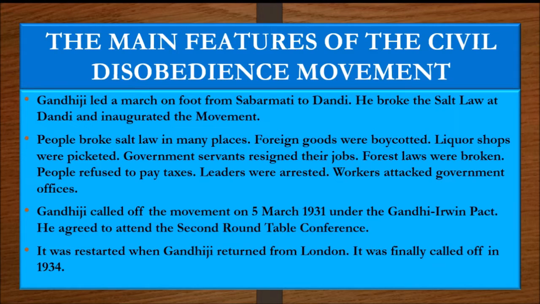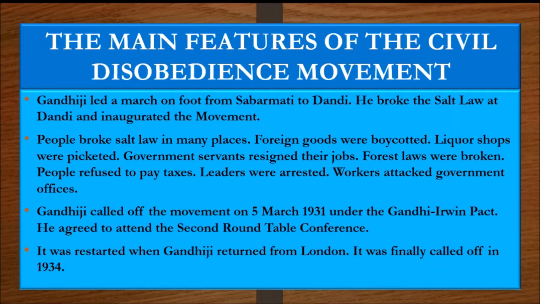Foreign clothes were totally boycotted, liquor shops were picketed, and peasants stopped paying taxes, revenues and chowkidari taxes. Village officials resigned their jobs, and forest laws were violated by entering reserved areas to collect wood and graze cattle.